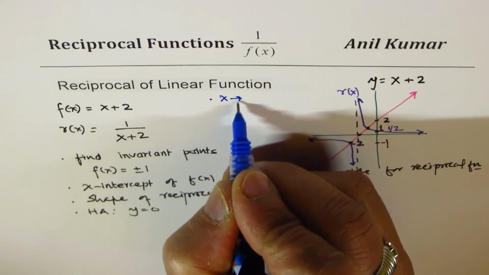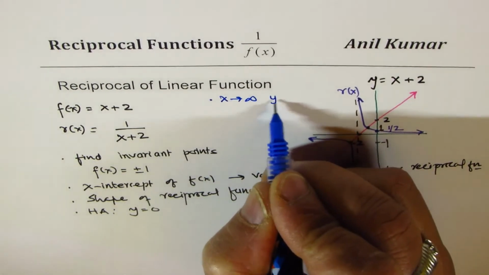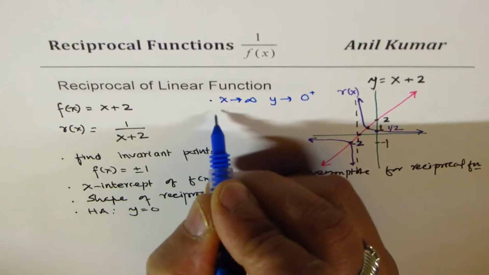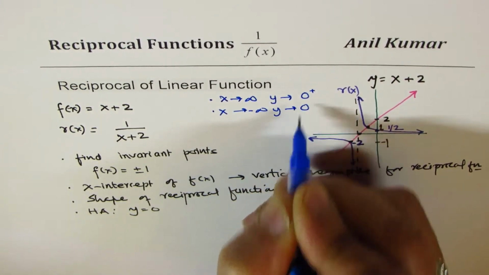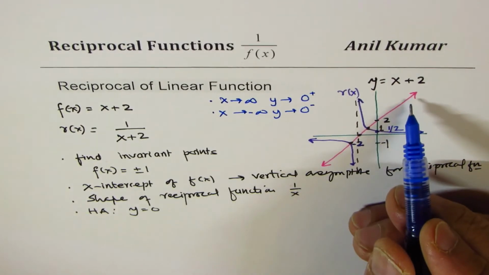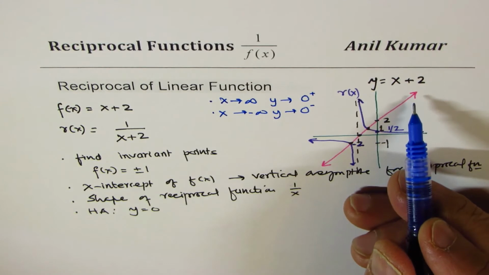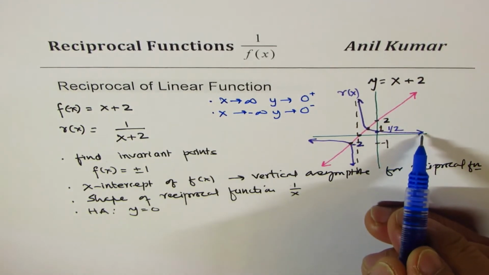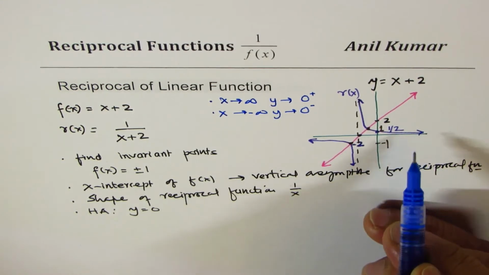When x approaches positive infinity, the function y approaches 0 from the positive side. When x approaches negative infinity, y approaches 0 from the negative side. The reason is that this line is in quadrant 3 and it moves to quadrant 1, correct? So end behavior is both ends approaching 0, and the horizontal asymptote is y equals 0, right?